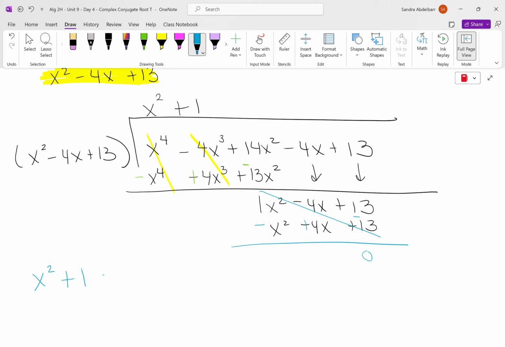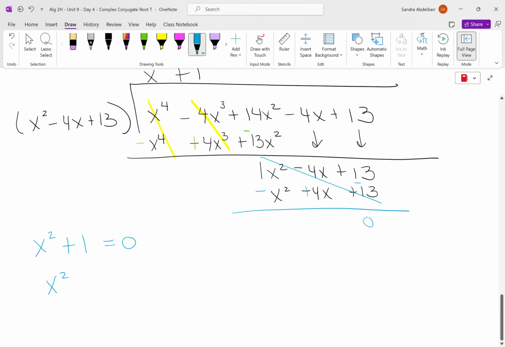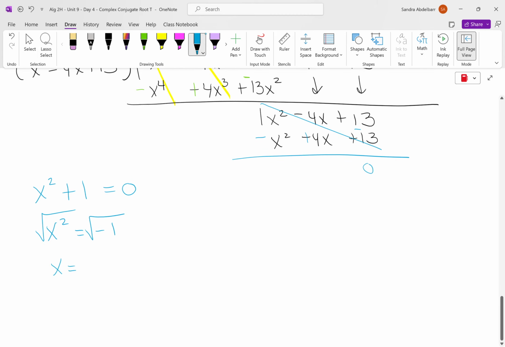Okay, so our remaining factor is now x squared plus 1. We're going to set that equal to 0. I don't need to use the quadratic formula. I don't need to factor. I can just solve this. X squared equals negative 1. Square root both sides. What does x equal? Plus or minus i.